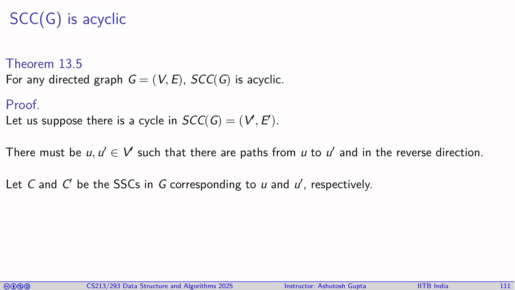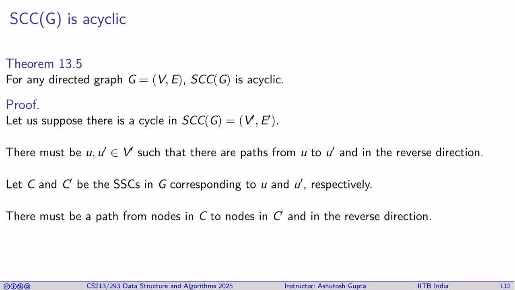Let C and C prime be the SCCs in G corresponding to U and U prime respectively. There must be a path from nodes in C to nodes in C prime and in the reverse direction. Therefore, C and C prime cannot be SCCs because now they are not maximal anymore. They are themselves part of a larger SCC. Therefore, there is a contradiction, and therefore there cannot be a cycle in your SCC of G.